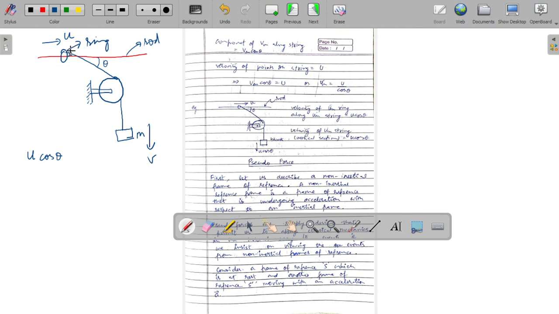The velocity of this point basically is u, but its component along the string would be u cos theta, and the whole system would be moving with the velocity v. So u cos theta should be equal to v. So this gives us an idea of how to proceed in such questions.